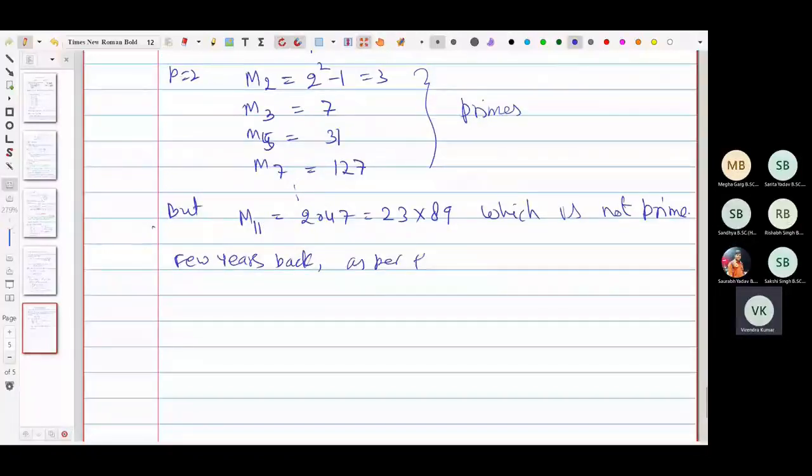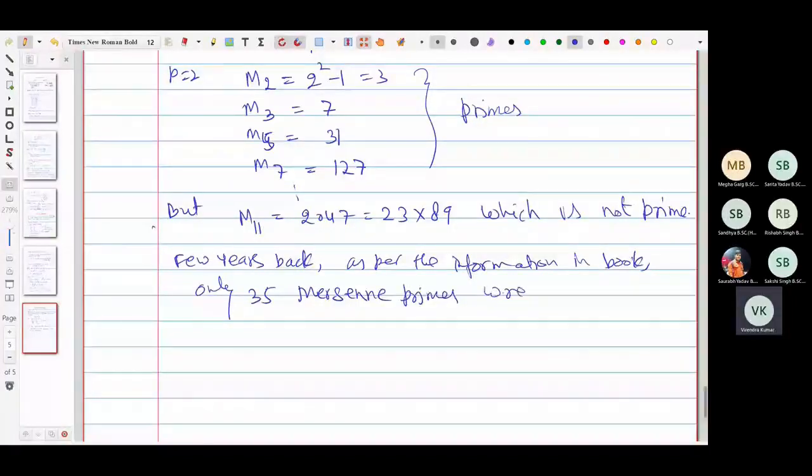As per the information in the book, only 35 Mersenne primes were found.